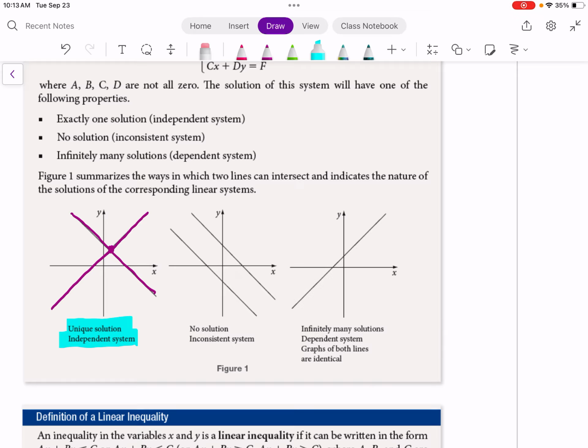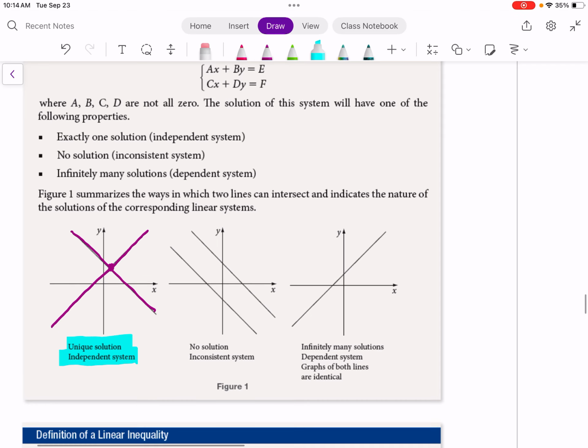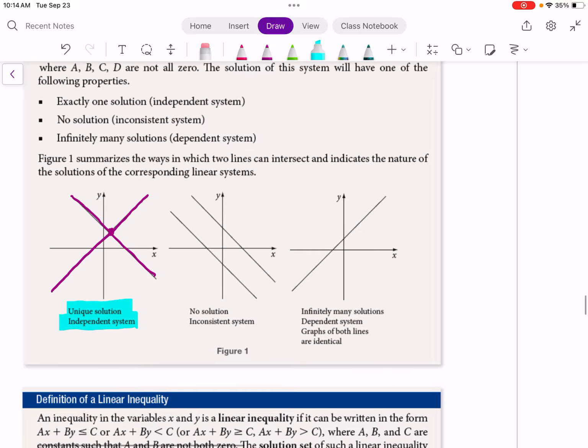So we solve a system of linear equations, and if we end up getting exactly one solution, if two lines intersect exactly at one point, then that common point is a unique solution, and we call the linear system independent.